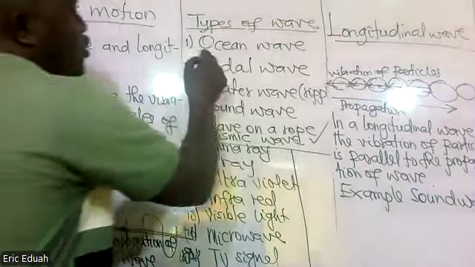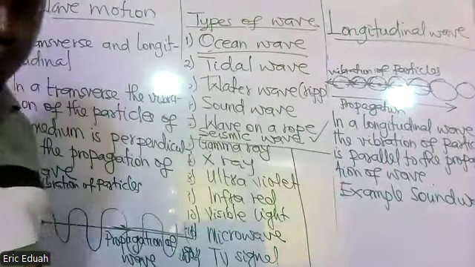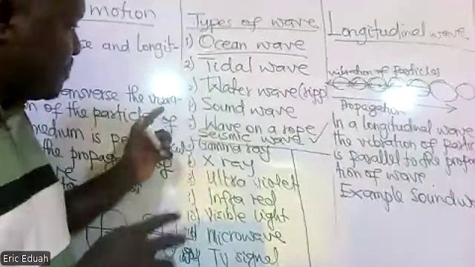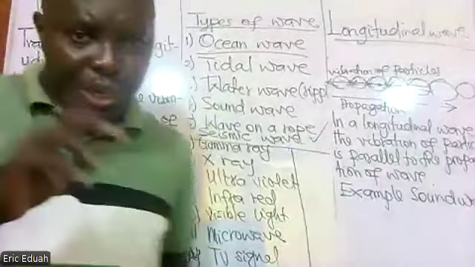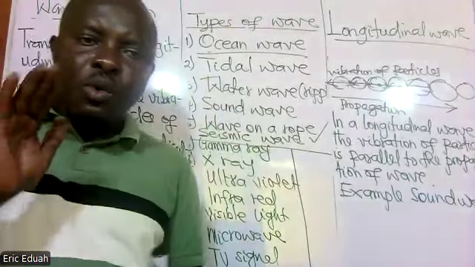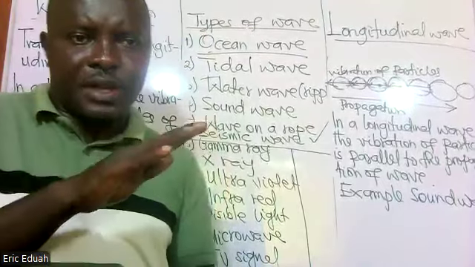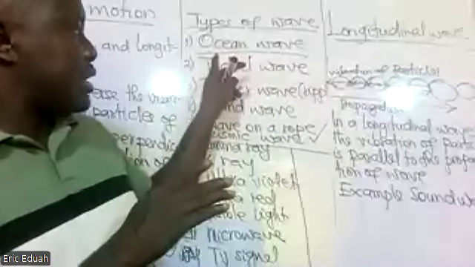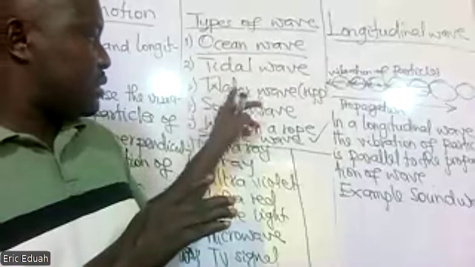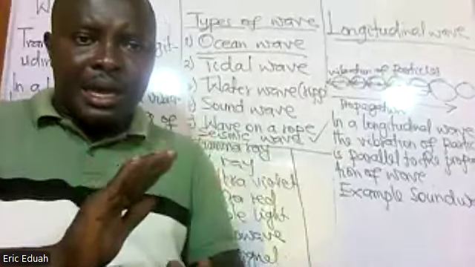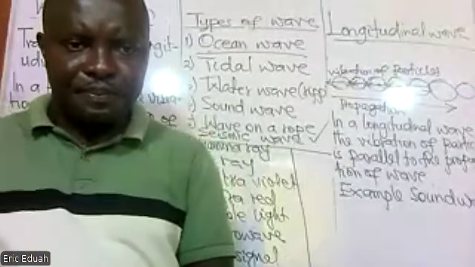Now, I was talking about ocean and tidal waves. For ocean and tidal waves, and even deep water waves, the wave formed on the surface, the shallow parts of the water, is transverse in nature.